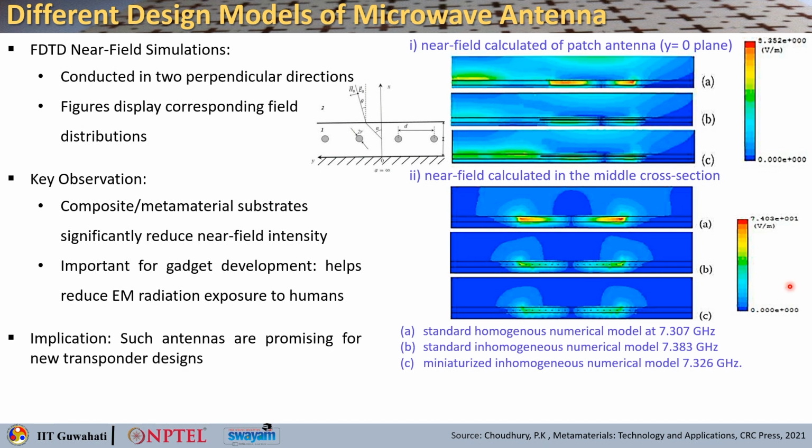Okay. Moreover, as was also shown by Rybin's group, such antenna can be used for creating novel transponders, okay. Thus, taking into account the above performance analysis of all the considered antenna models, we can say that the proposed analytical model of the rectangular patch antenna can be used for designing patch antennas of new generation.